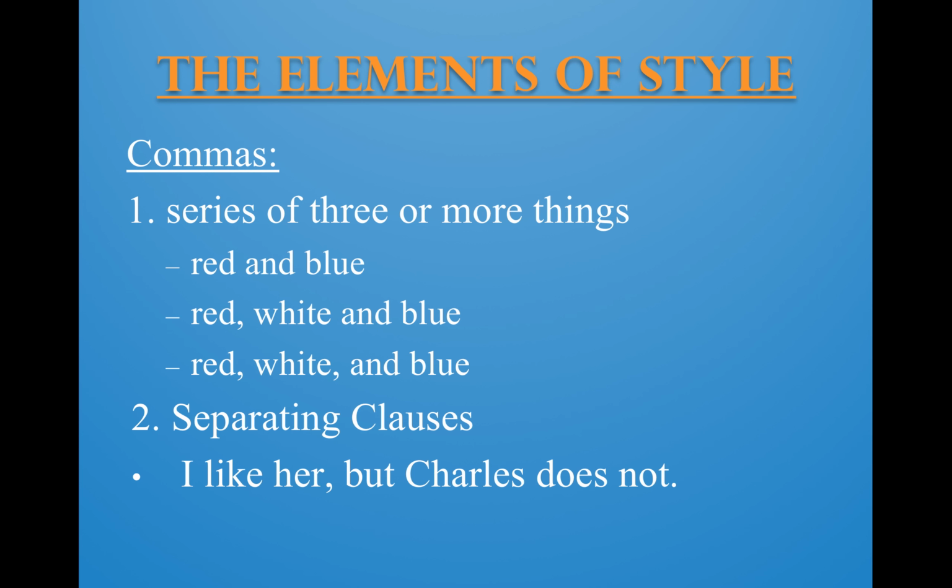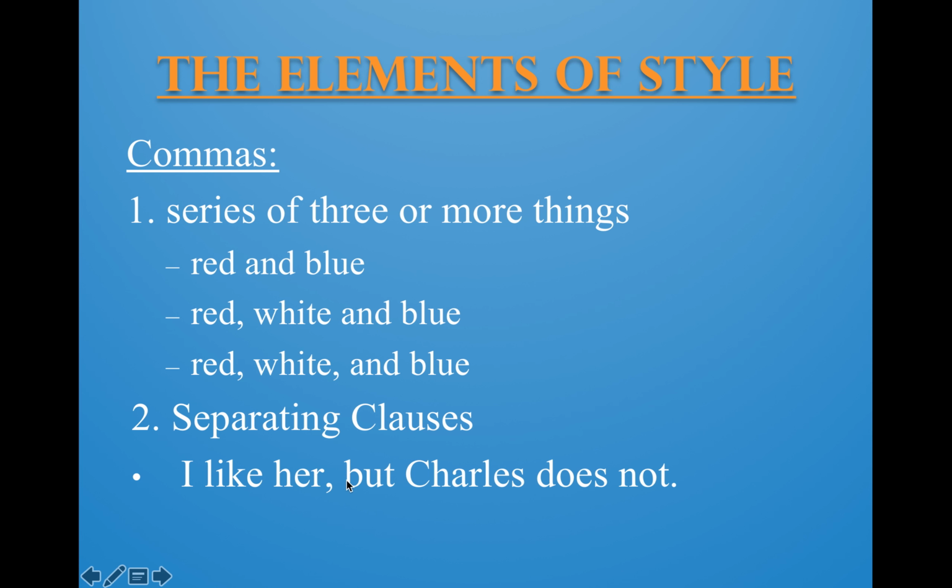Commas are used to separate clauses. And so what a clause is, it is a group of words that by themselves can be an independent sentence because it has both a subject and a verb. So in this, I like her, we could very much put a period right there. I like her, period. But then we have some additional information, but Charles does not.